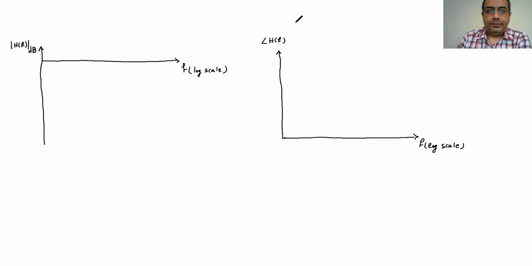If I again go ahead and draw that, if it is 0 here, it goes like this. So it goes like that.